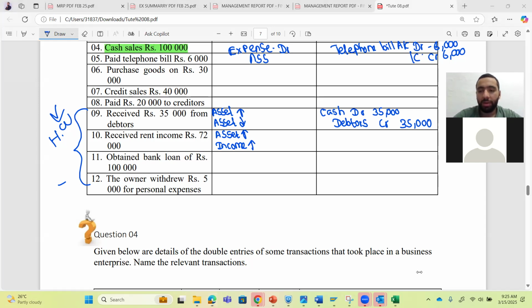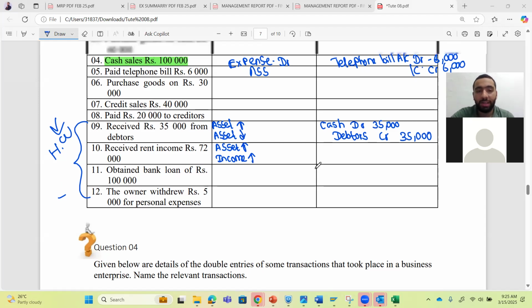Can someone please tell me the double entry for this? Yes, Ashwin is saying cash is increasing. Yes, very good. That means cash is debit. And on the other hand, remember that chart that I have already given. Very good, Ashini. Income is increasing.